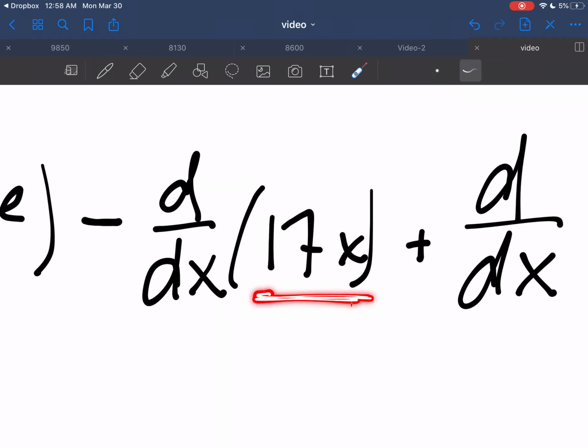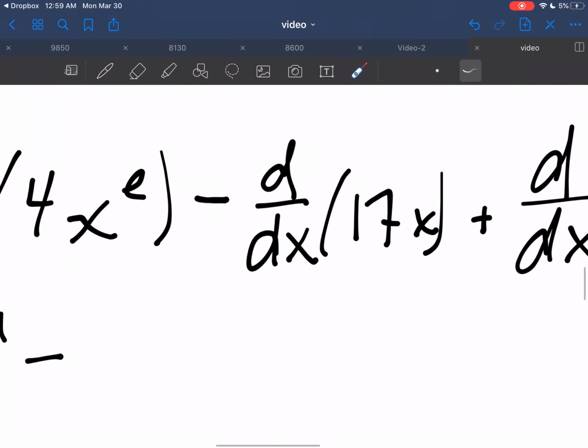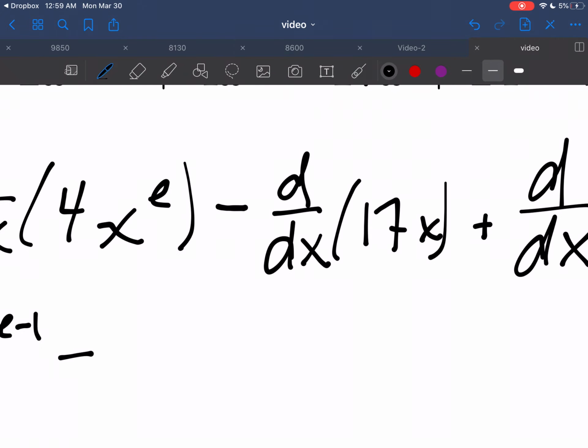If you've got a constant times a variable and the variable doesn't have an exponent, well, it does, but it's just a 1, that derivative is just going to be whatever the constant is.